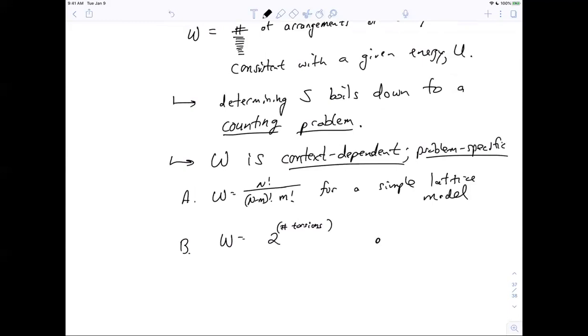Okay, and so this was the polymer that we had. A very simplistic representation. These are the torsions, and I won't draw all of them, I'll just draw a couple.